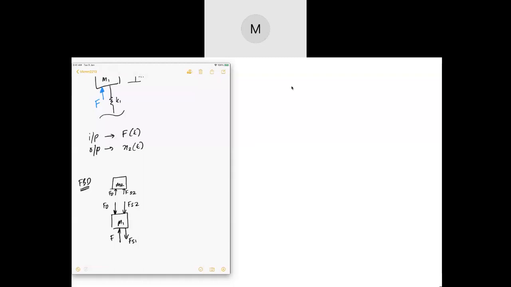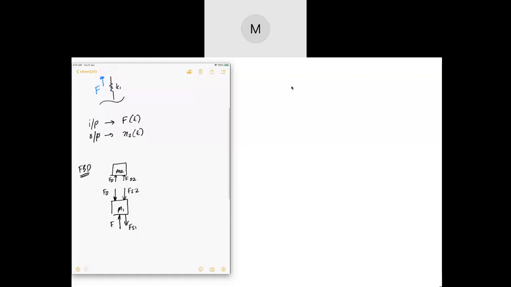All right, so what happened is that when I have the free body diagram, I'm going to write it equals to my kinetic diagram, isn't it? So the kinetic diagram says that M1 wants to go up. Why? Because I have the force pushing it up. For example, I'm just assuming the force is going up.